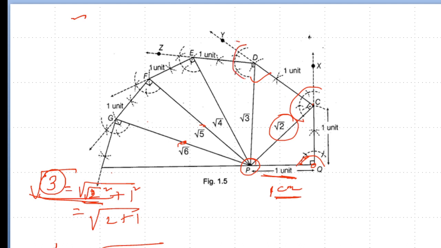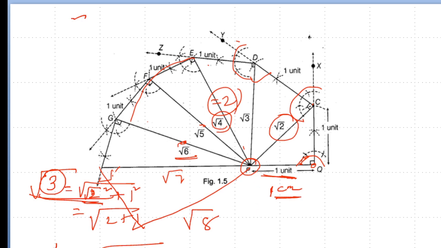By following the same, no doubt root 4 equals 2, but in this method also we can make it. Regularly, up to root 6 it is made, and then root 7. Again, by making another 90 degree angle over here, you get root 8. When you continue like this, it will become like a snail.